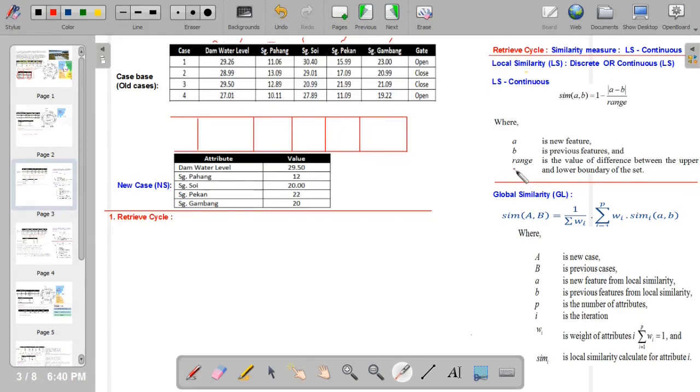First of all, let us know how we can identify the range.